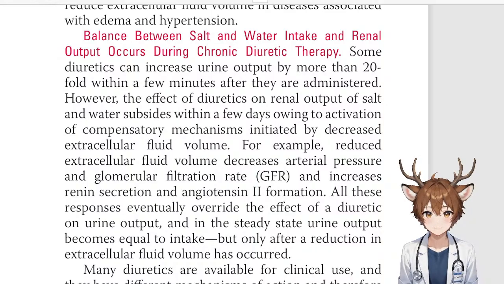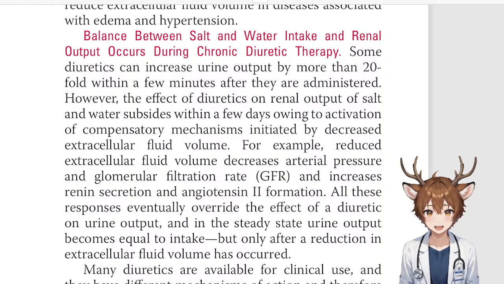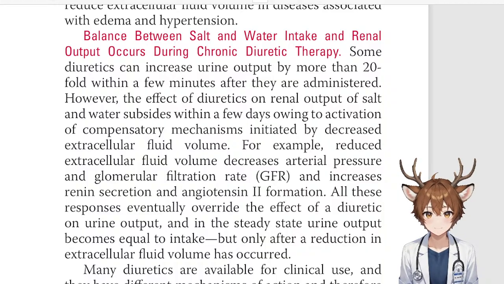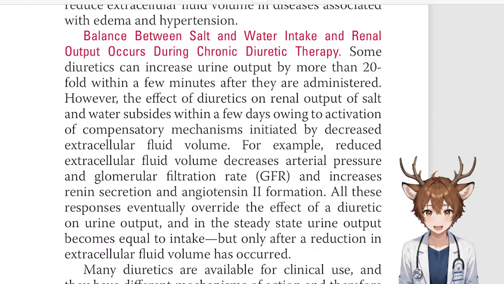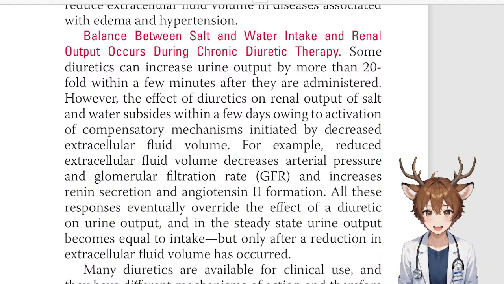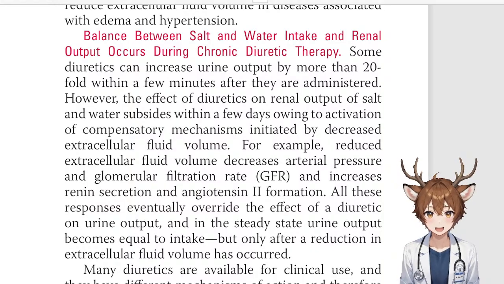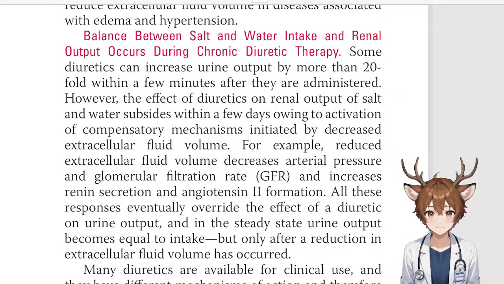For example, reduced extracellular fluid volume decreases arterial pressure and glomerular filtration rate, GFR, and increases renin secretion and angiotensin II formation. All these responses eventually override the effect of a diuretic on urine output, and in the steady state, urine output becomes equal to intake, but only after a reduction in extracellular fluid volume has occurred.